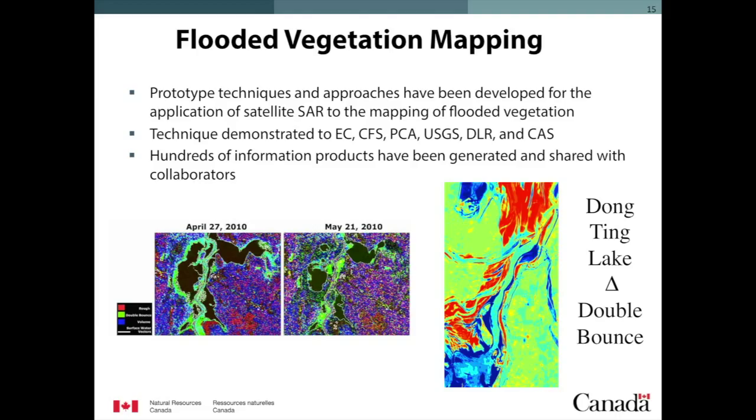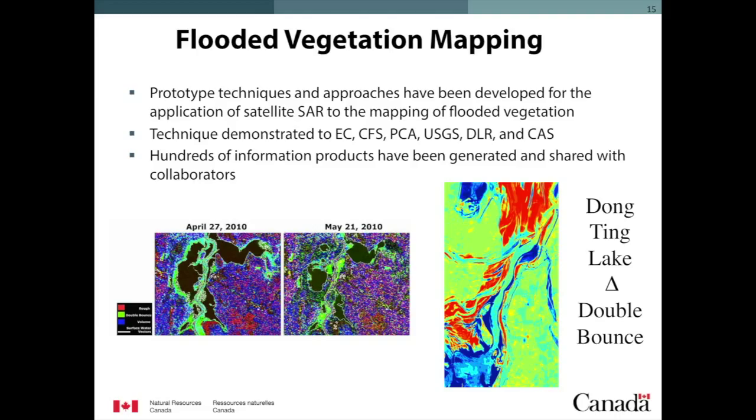The surface water is the dark target because it's specular scattering, and the flooded vegetation in this case has been coded in green for the double bounce. So you can really see the change between the flooded vegetation and the surface water between the 2 dates as the snow melt recedes through the system.